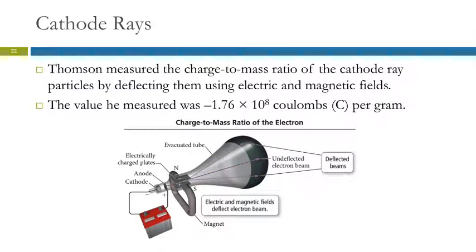And by measuring the amount of deflection caused by the amount of field applied, he was able to figure out that there was a charge of negative 1.76 times 10 to the 8th coulombs per gram of particles. Now that number by itself is not all that useful, but because we knew that, someone else was able to learn some important things.